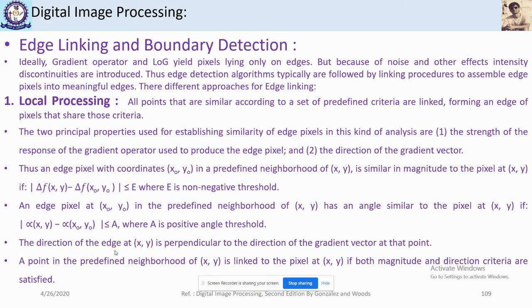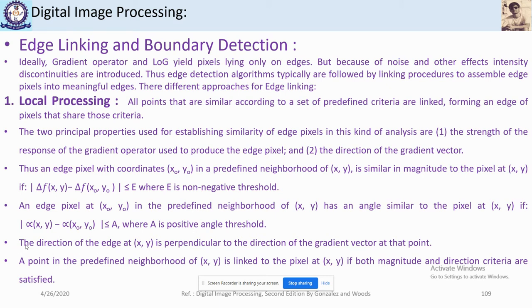The direction of the edge at xy is perpendicular to the direction of the gradient vector at that point. We have already discussed that when we scan the image in the y direction, we will get the edges which are perpendicular to the y direction. And when we find the gradient in the x direction, we will find the edges which are perpendicular to the direction of scan.